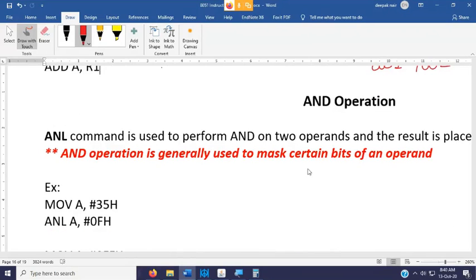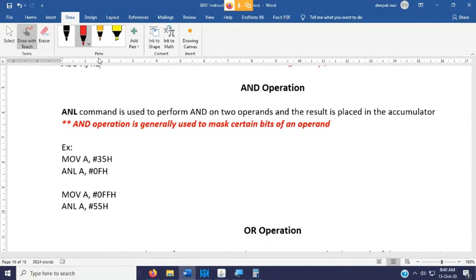Now coming to some so-called important things regarding the programming. We know that there is an AND operation in 8085, and this AND operation is available with the 8051 also.